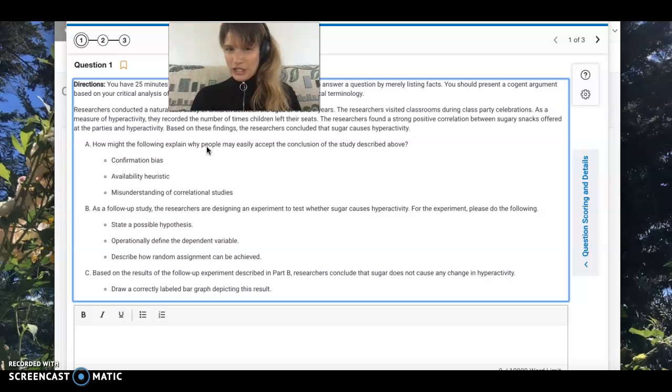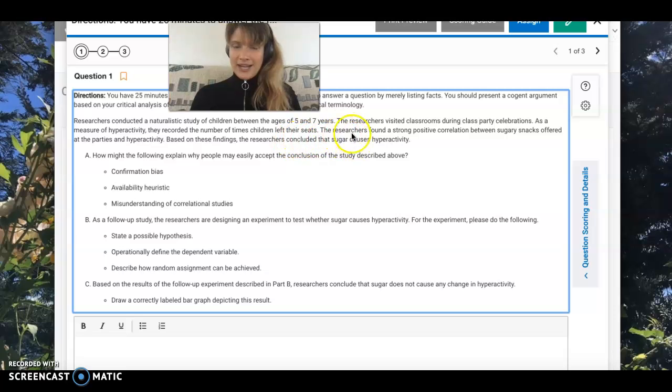This is a little bit of a weird question, but basically they're saying, say that me or you were reading about this study, and we're like, oh, the researchers are concluding that sugar causes hyperactivity. Why might we easily accept that conclusion? Why might we not question it, or look more into the methods of the study before we accept it as absolute scientific truth?